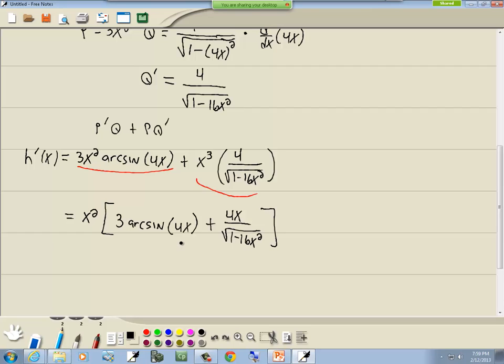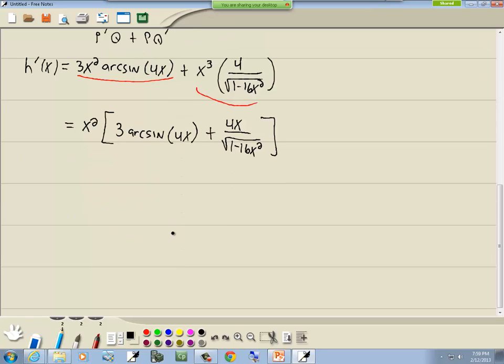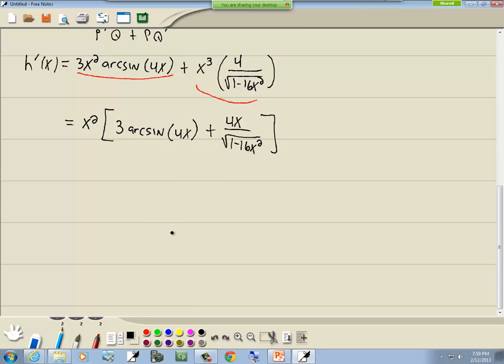Now, I doubt if they actually get a common denominator in the book, but in case they do, we can always put the 3 arc sine 4x over 1, and so then we multiply the top and bottom by the square root of 1 minus 16x squared to get a common denominator.